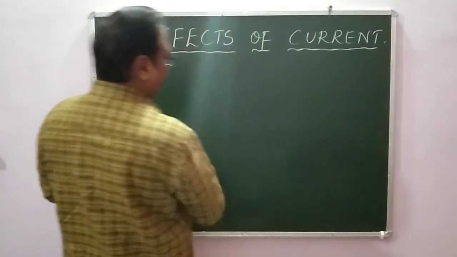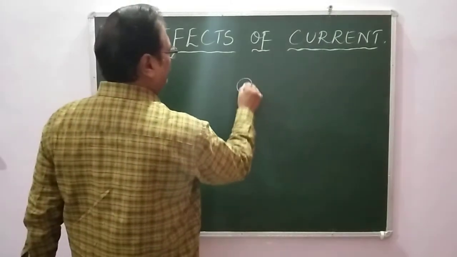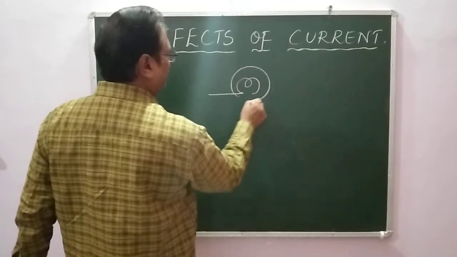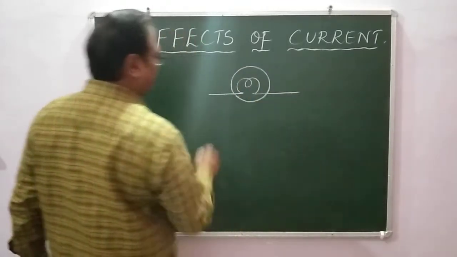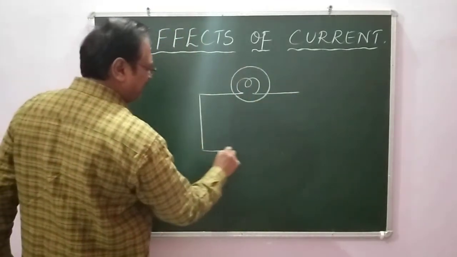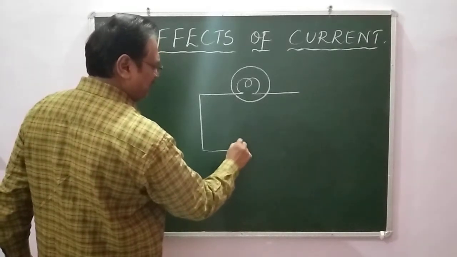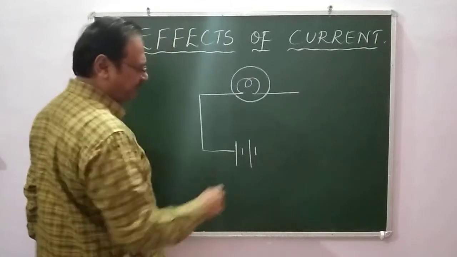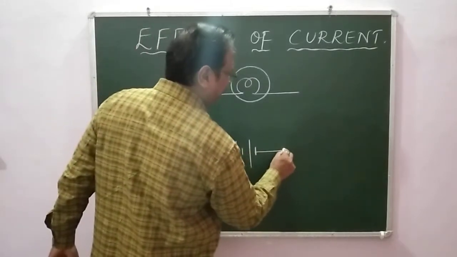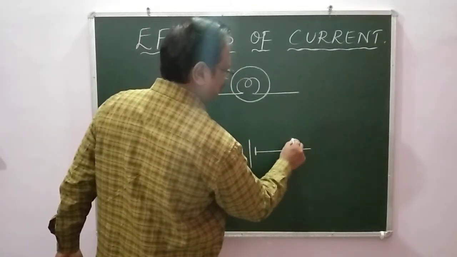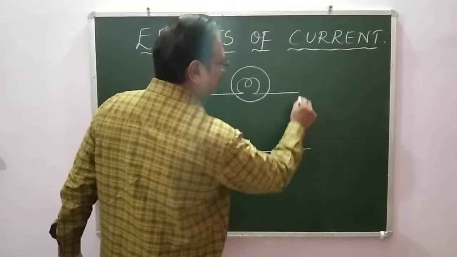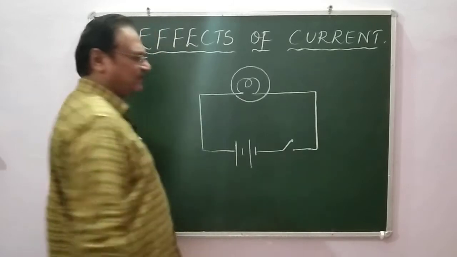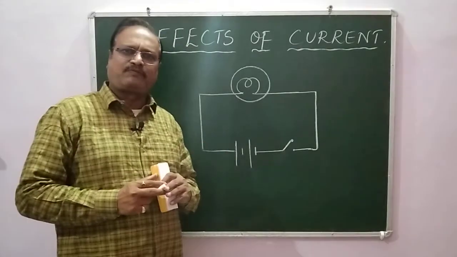For example, I can have a bulb, I can put a circle here, and I can have a cell, or a battery, and I can have a switch. This makes a very simple circuit.